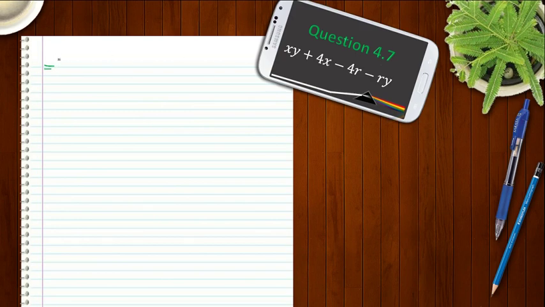And with grouping, we take out the common factor from the first two terms, and that's x, where we have y minus 4, y plus 4 that is left, and then we take out minus r. So if I take out a negative r, I'm left with 4 plus y. All right, so taking out the common factor from the first two and then from the second two.